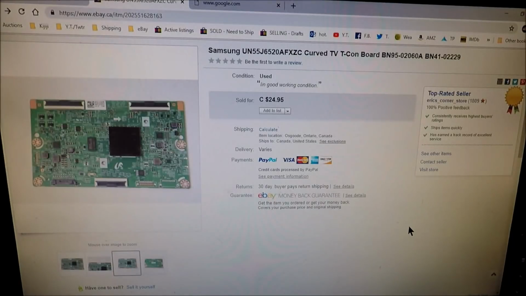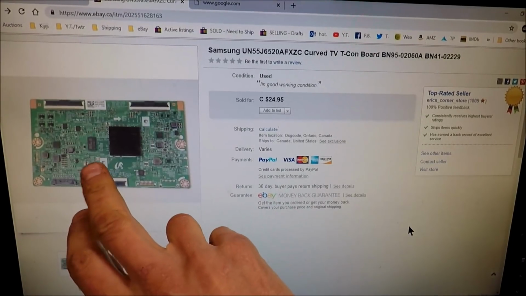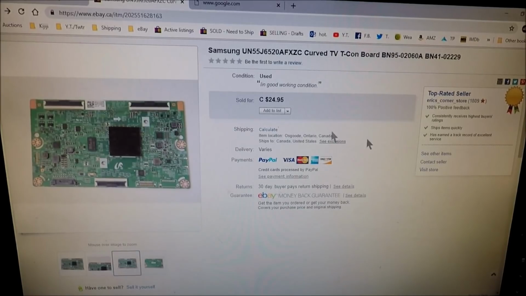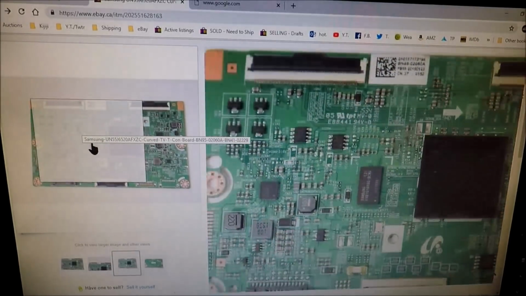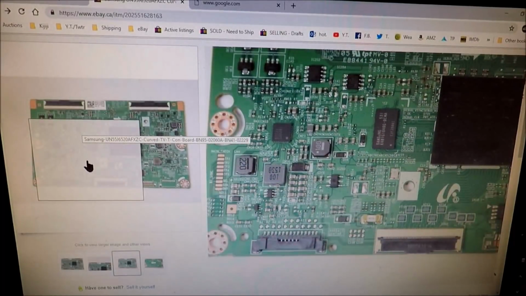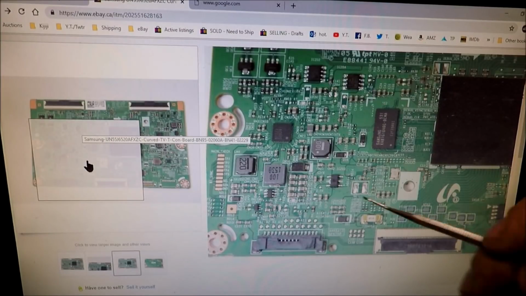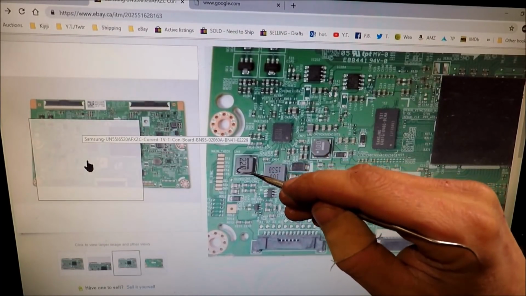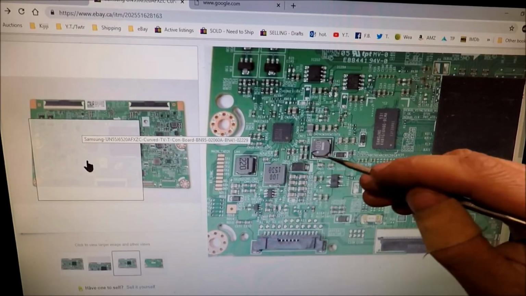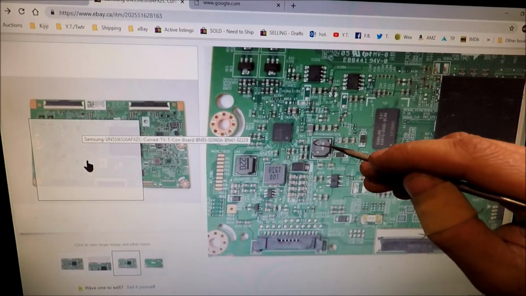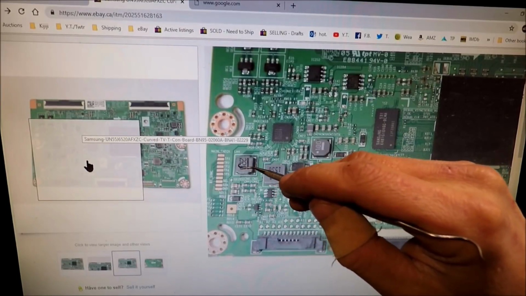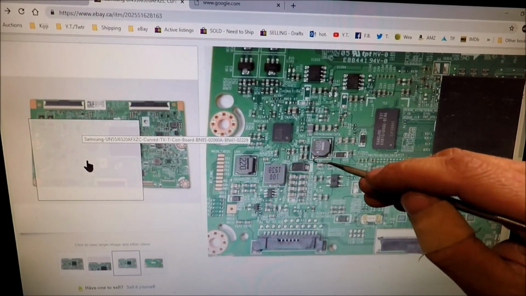This is my listing. That's my original board, and I just hover over it. You can see it here. Now, if you look closely, there's numbers here, 220 and 100. They go up and down. So that one is vertical.